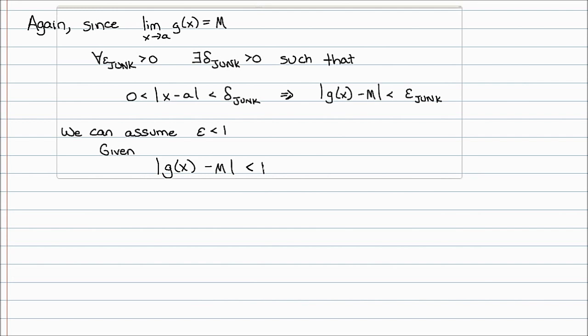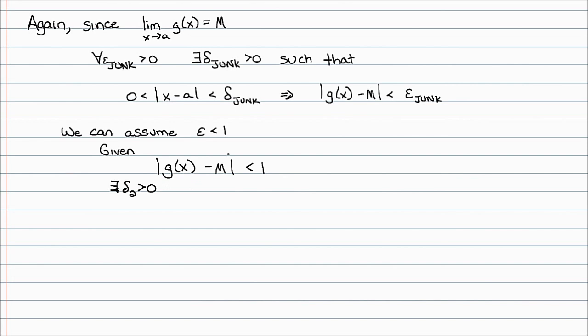And what we're saying is, if somebody did hand me that epsilon, there would exist some delta, and we'll call that delta sub 2 in fact, greater than 0, such that the distance between x and a less than that delta sub 2 would imply that the distance between g of x and m would be less than that 1. Okay, so just by the fact that this limit exists, we could say that.